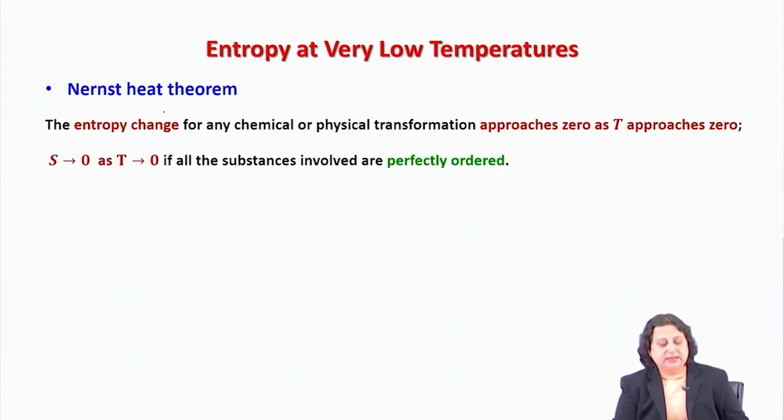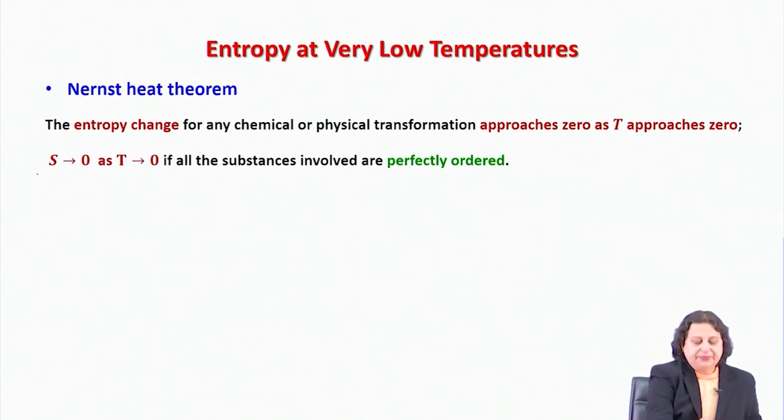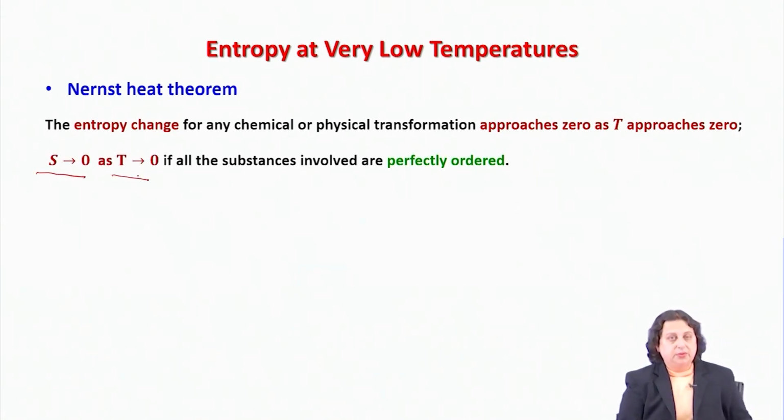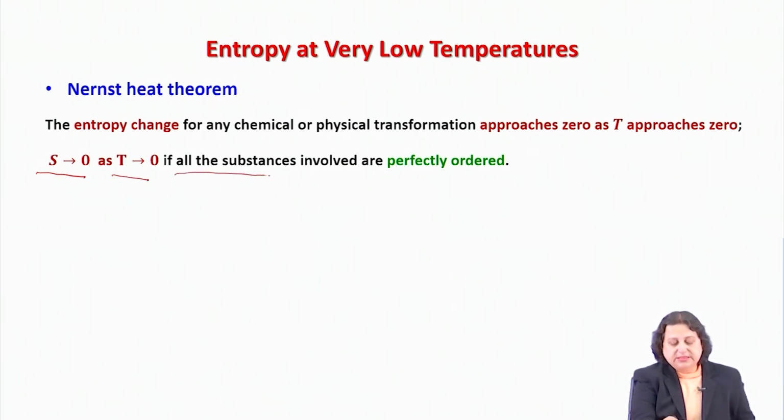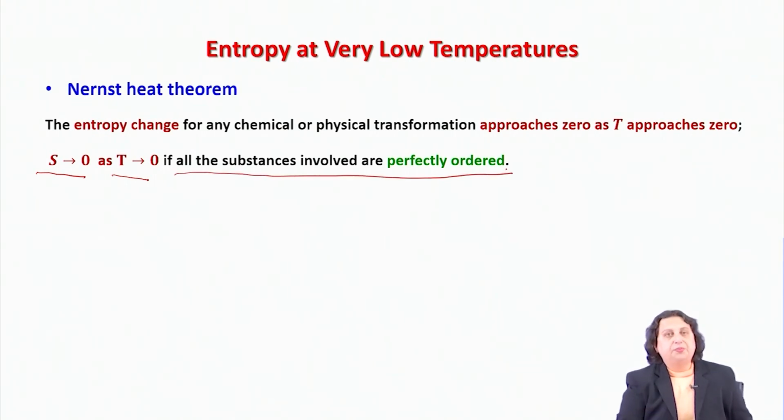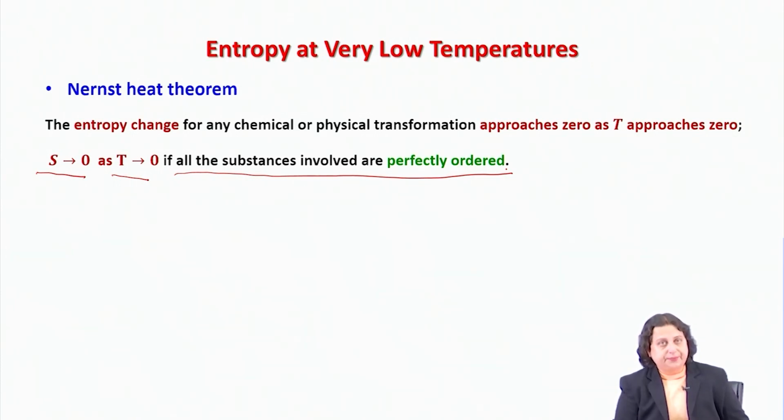So this means that for a given system, S tends to 0 as T tends to 0, but it happens when all the substances involved are perfectly ordered. So this is what is known as the Nernst theorem.